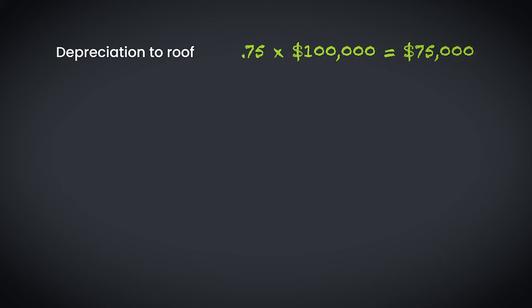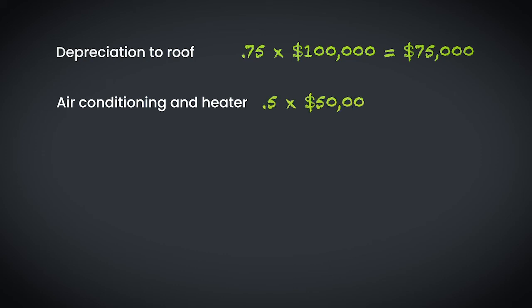This is the equivalent of 75% of $100,000. The total depreciation, therefore, is $75,000. For the air conditioning and heating units, we perform a similar calculation, 50% multiplied by $50,000, resulting in $25,000 of depreciation for the equipment.